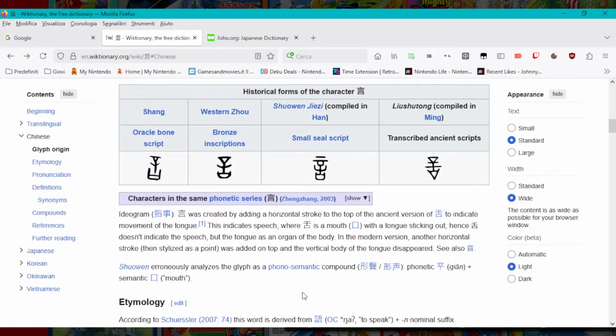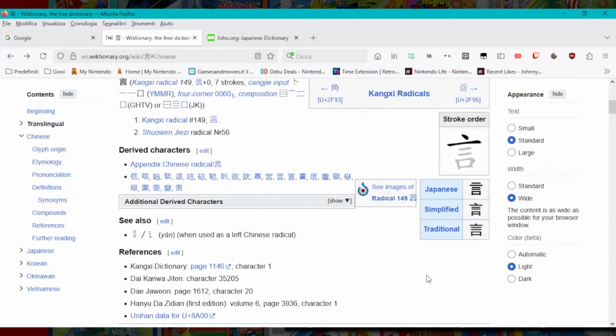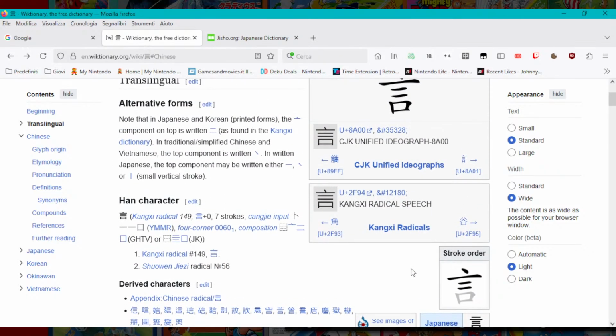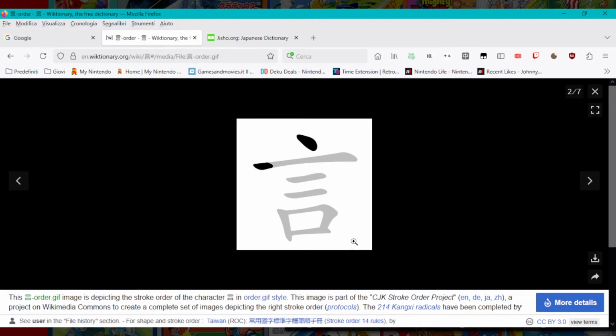And so we get the ideogram for speech, to speak, and so on. Unfortunately, it got modified with time, and so you don't see clearly the tongue anymore. A way to remember it now is that you see the words coming out of the mouth.